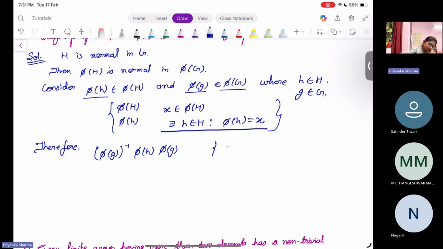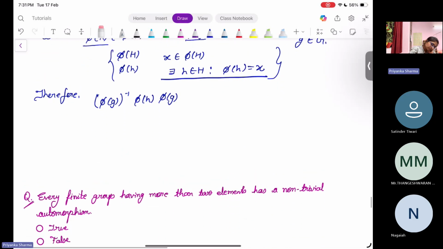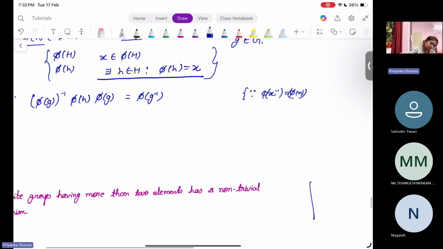Like this g inverse h g belongs to H. And this will be the same as phi of g inverse, because, okay, write it here only: phi of x inverse is phi of x whole inverse. They are the same. We can check this.